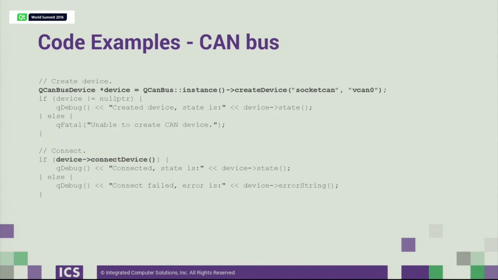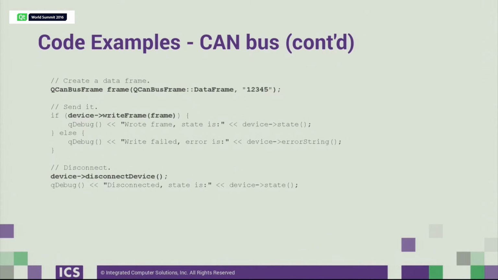Now this example is sort of written procedural, but you really need to make it event driven. So this isn't really a complete runnable example. You need to make your code a little more event driven and work with signals and slots. For example, the connect here is something that's going to happen asynchronously, sometime after the call.